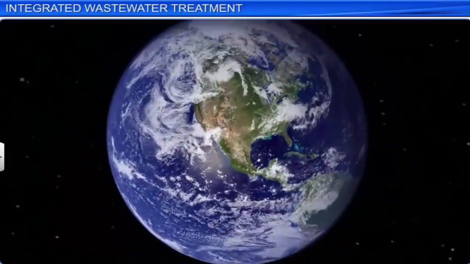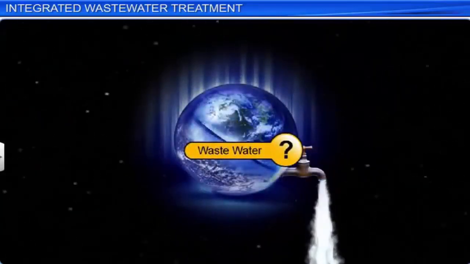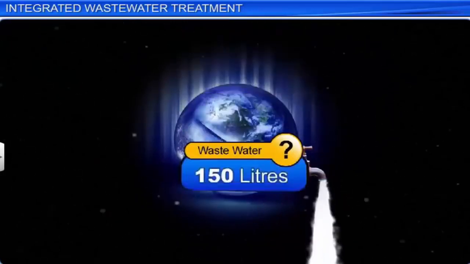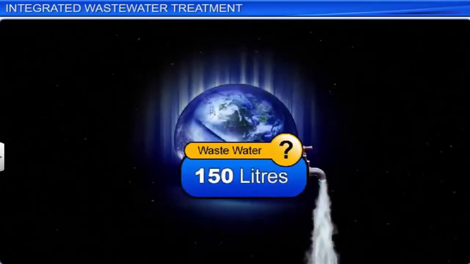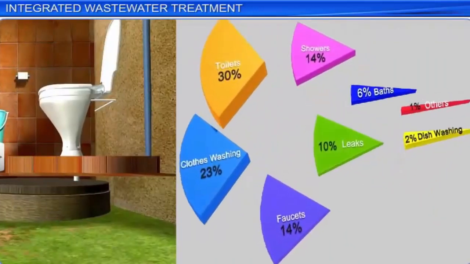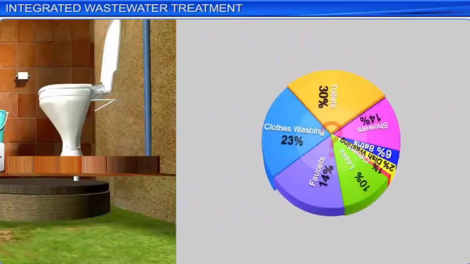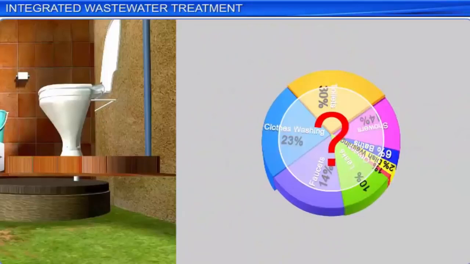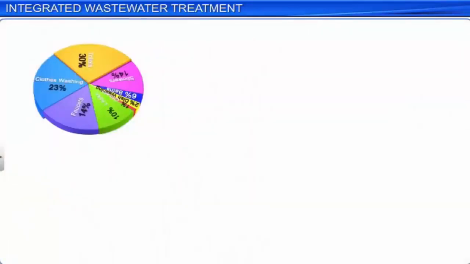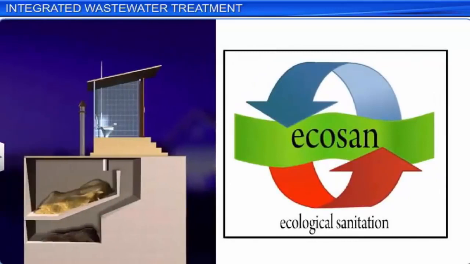Do you know how much wastewater is used or generated by an individual daily? Close to 150 liters. In fact, a large amount of water is used in toilets. What if you could save that amount of water? The answer is ecological sanitation, or eco-san, a sustainable system for handling human excreta by using dry composting toilets.